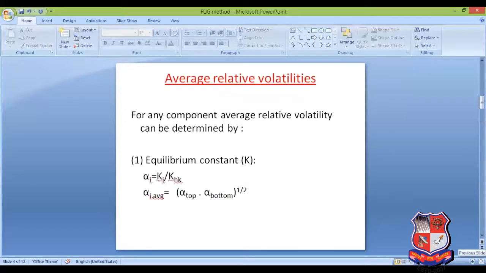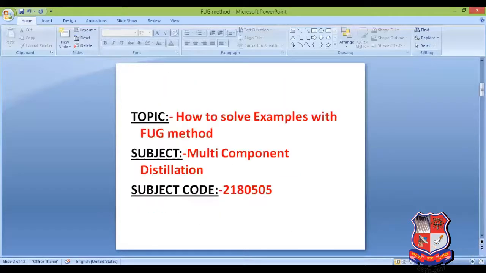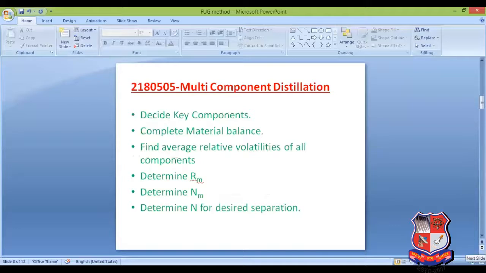of what we discussed. To solve any example, first of all we have to decide the key components. Anytime you read any example, you need to find out what will be your key component. If not given, then try to look at the database, and sometimes you even have to complete the material balance, right. So how can you determine, say, if the values of alpha are given to you, right?